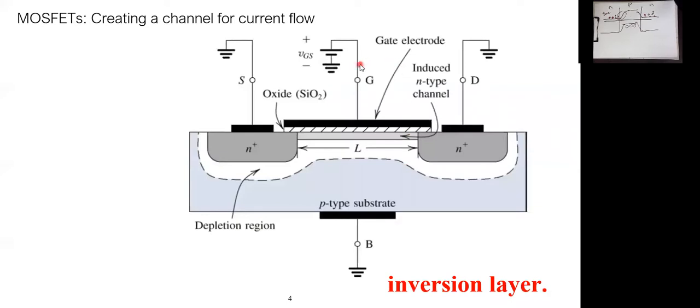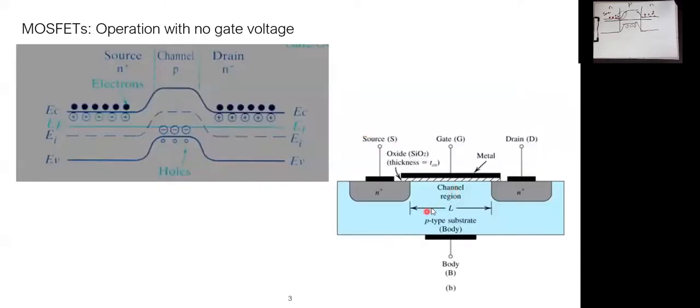How can we do so? What if we apply a positive voltage to the gate? As you surely know, a positive voltage attracts electrons and repels holes. But you will tell me to please take care. This blue area, which represents the substrate, is a p-type material, so this area includes a huge amount of holes.